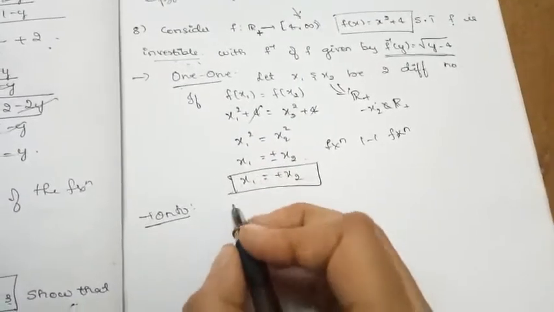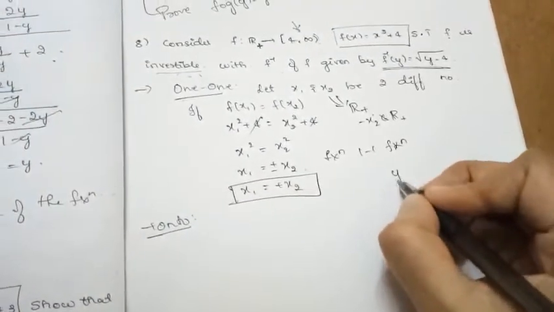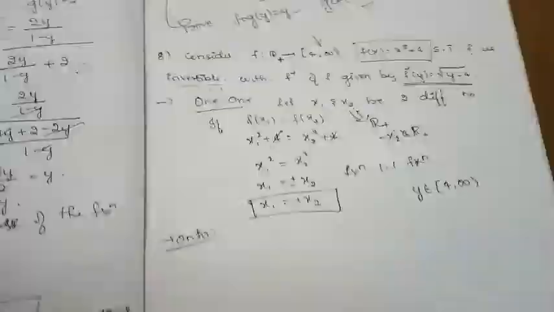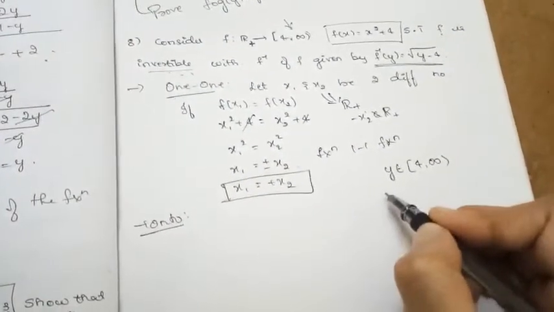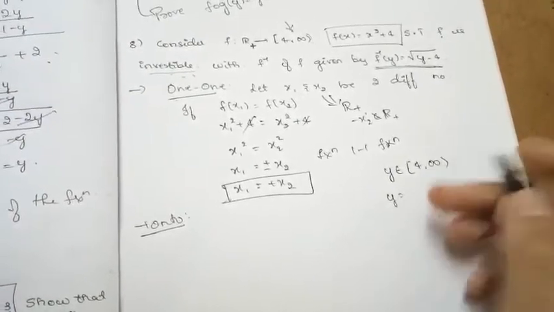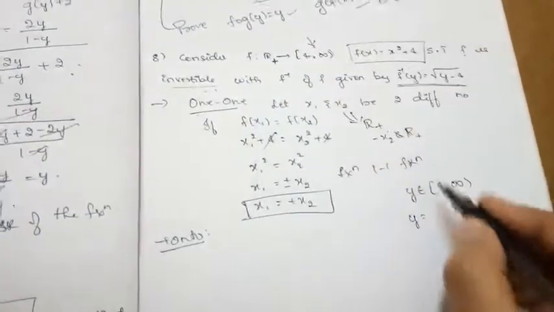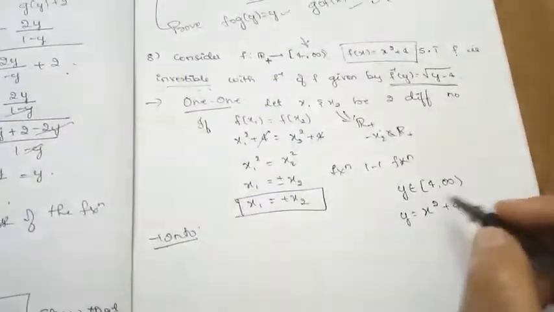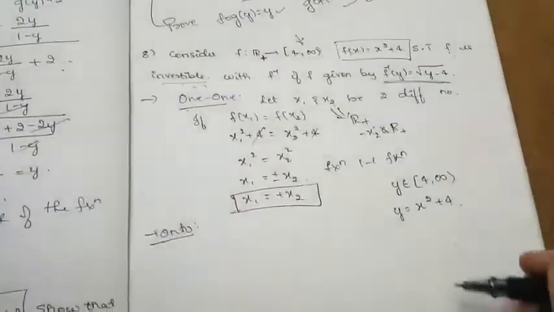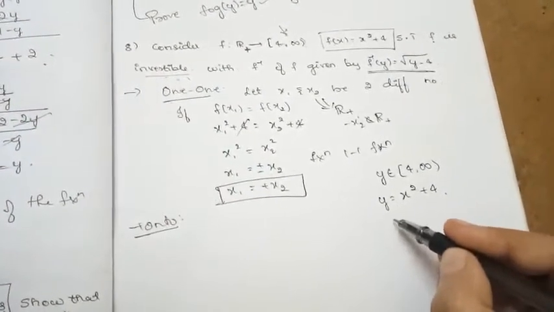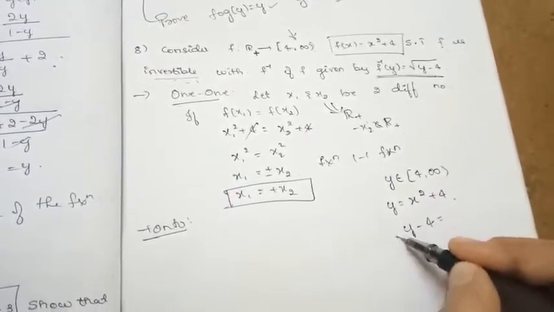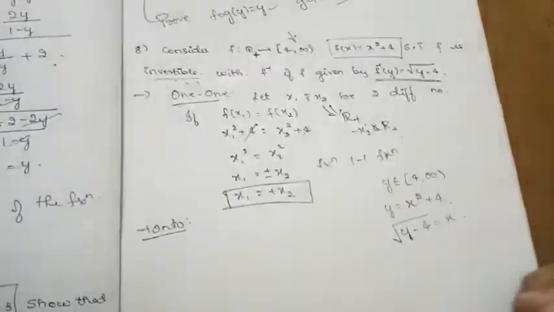How will we write that? Suppose we take any y belonging to the codomain. This y is the image of one or the other element present in the domain. So y will be equal to f of x, since the function f of x is defined. Our x value is nothing but y minus 4 is equal to x square, so x is square root of y minus 4.